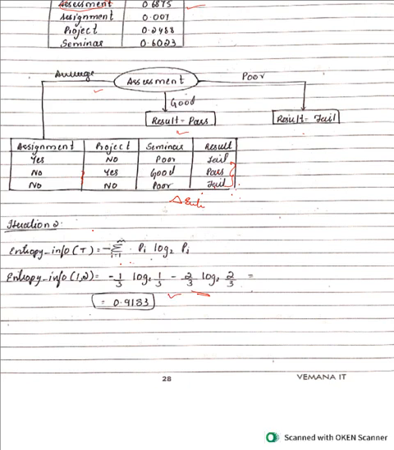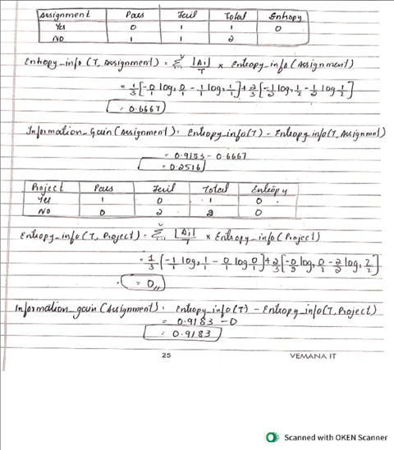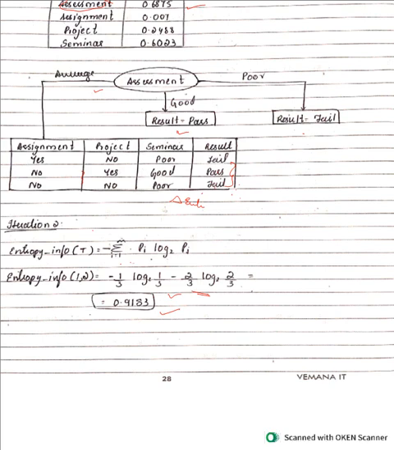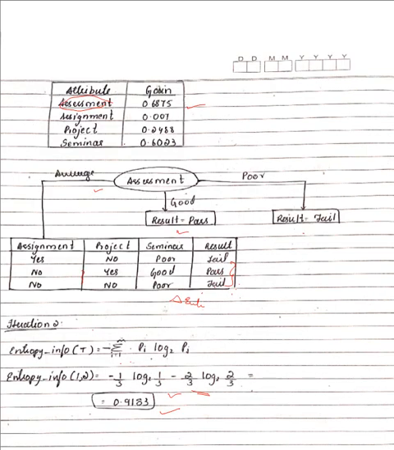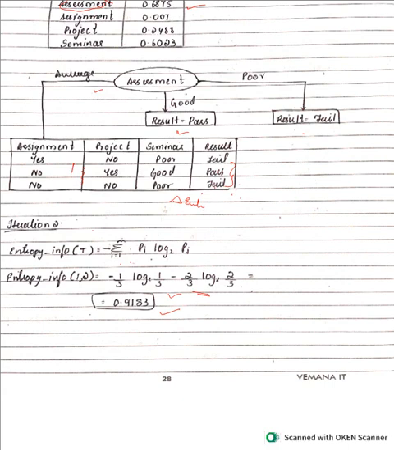To compute the gain, we should use this entropy and, for each attribute, subtract the value of the entropy of the attribute. The same fashion as we did before. Now continue the same way for assignment. You have yes and no, and how many pass and how many fail here for the assignment. For no, you have 1 pass and 1 fail, and for yes you have 1 fail.